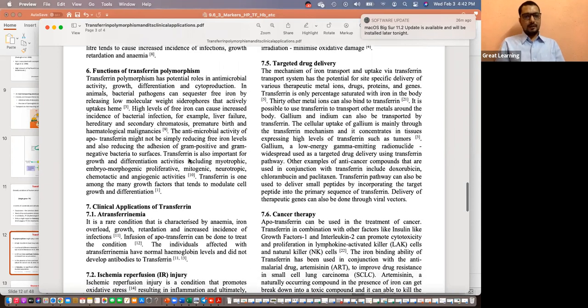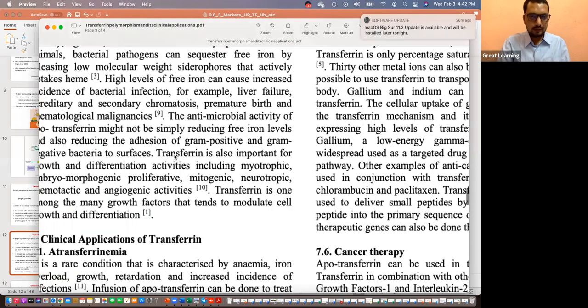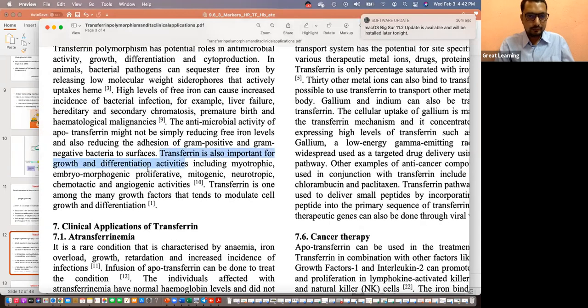One point you can write here: transferrin seems to be important for growth and differentiation activities. For our normal growth, we need transferrin, of course, because transferrin is connected to iron, right? And RBCs play an important role. So directly or indirectly, transferrin plays an important role. I'm not sure if you're able to read it. An important role for growth and differentiation activities.